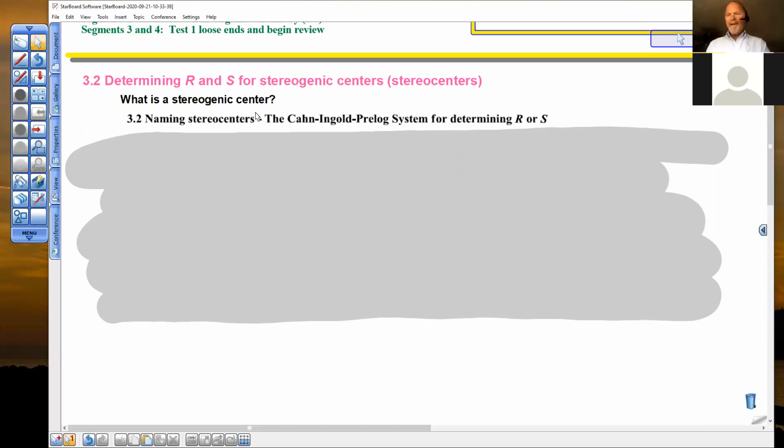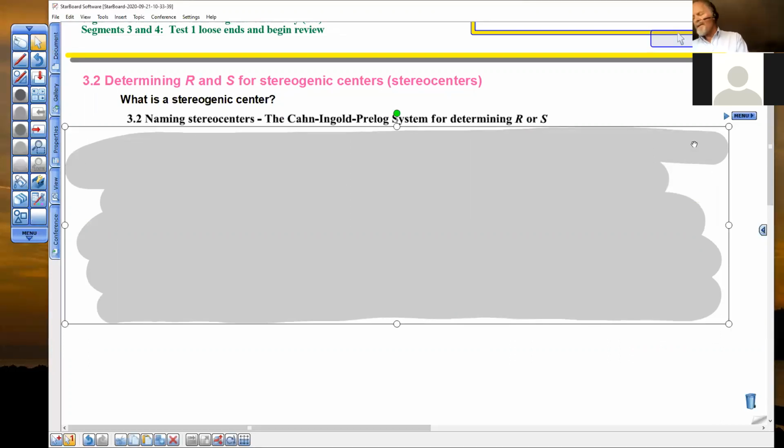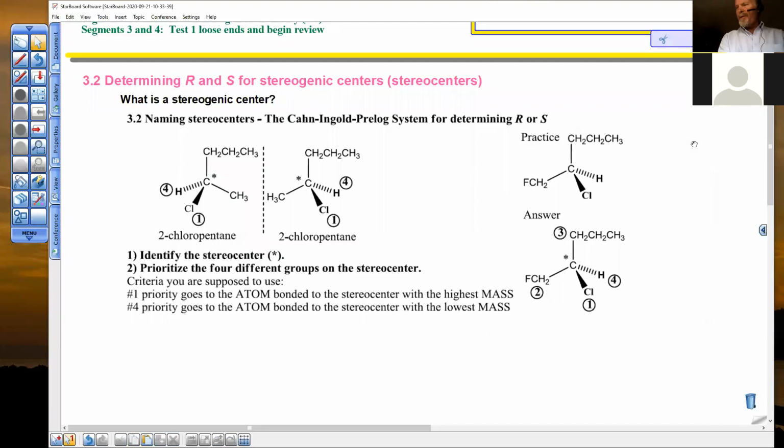In biology, we have the names right hand and left hand. In stereochemistry, when we have a stereocenter, we don't use right and left, we use R and S. So before we see a stereocenter, we have a stereocenter example. I'm stealing this right from the book. These carbons labeled with an asterisk are both stereogenic centers, or you can call them stereocenters.